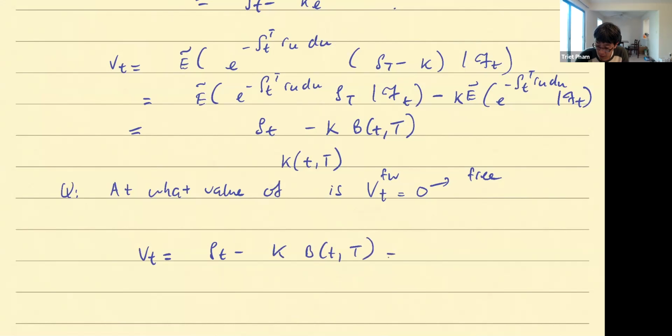You want it to be 0, okay, then K is... and actually, it's not called K anymore. It's called F, F for forward.